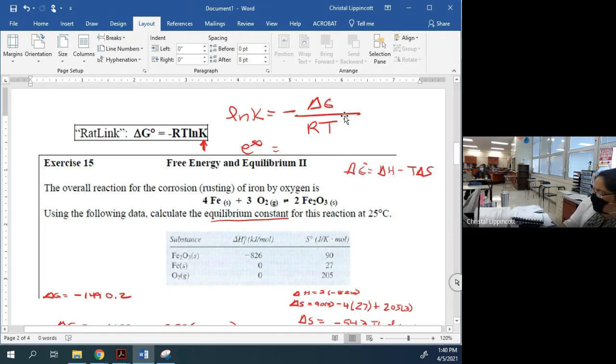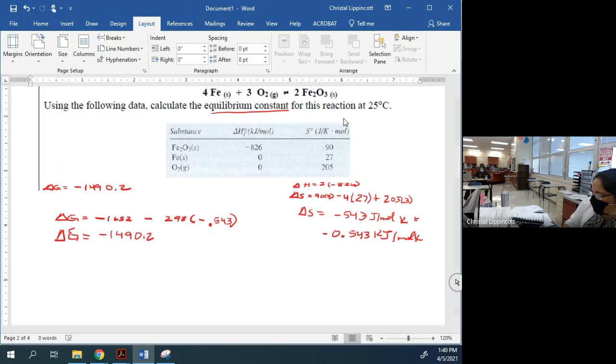All right, so we solve for delta G. Delta G was this guy. So we've got delta G is negative 1490.2 over, and we're going to divide that by the 298. And remember, we've got to move that decimal point for our gas constant. 8.